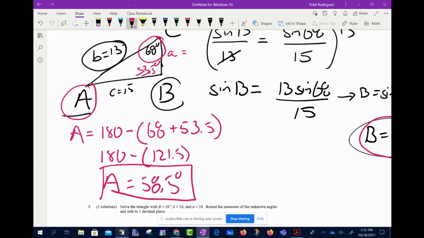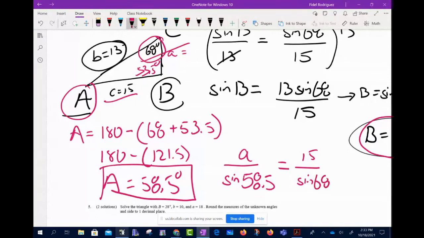So the way we're going to find the side of A, y'all, we're going to write A divided by the sine of angle A, which we just came up with 58.5, equals, I'm probably going to use the C part, y'all, because I'm not having to approximate any of those values there, right? So I would say like 15 divided by the sine of 68.